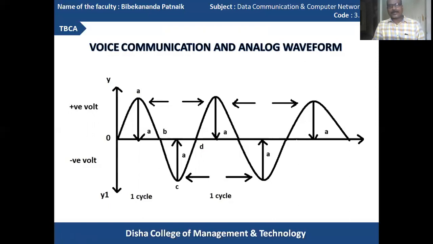Voice communication generates a waveform which propagates through the air or through space. Voice communication is physical energy: when one speaks, it swings waves, waveforms of high and low air pressure.